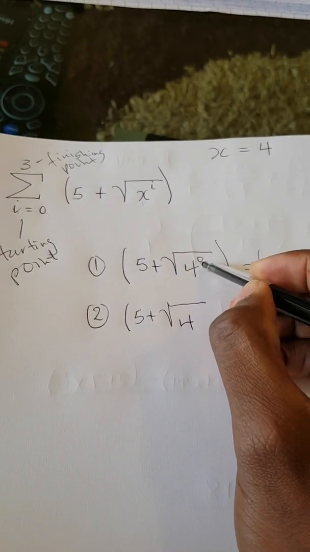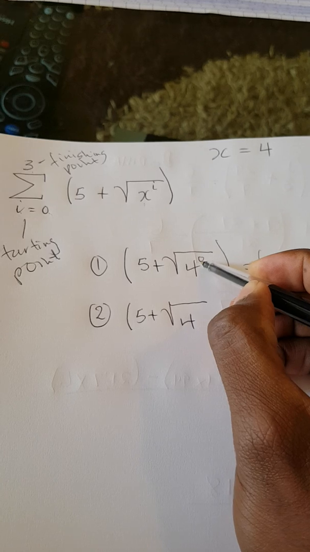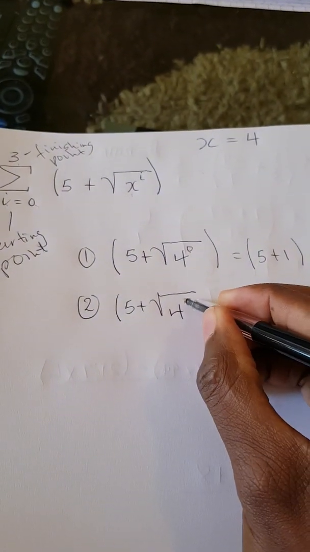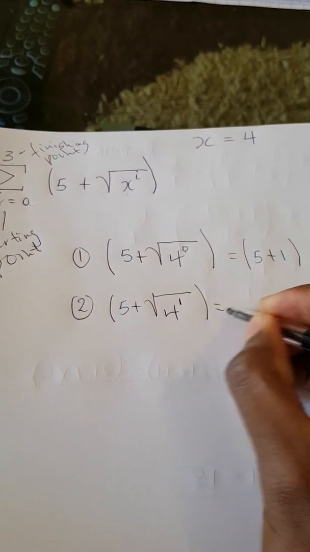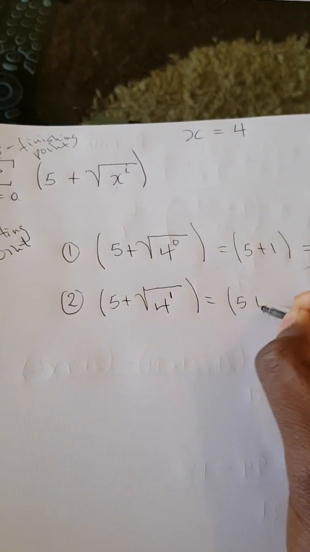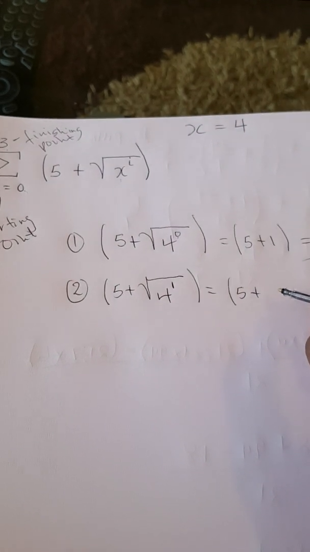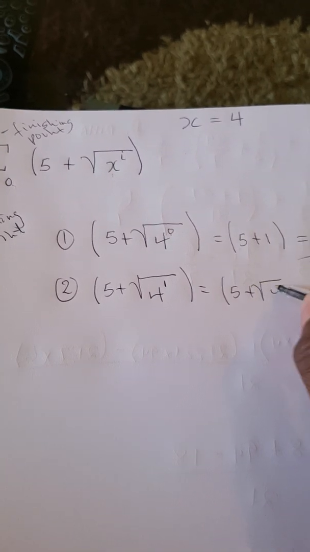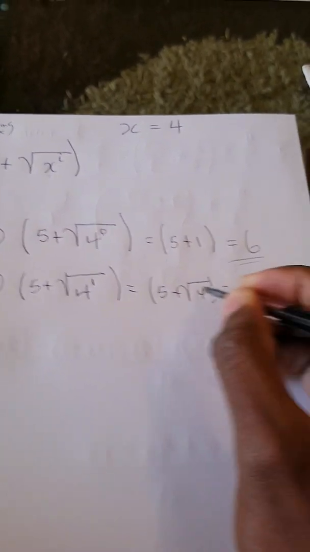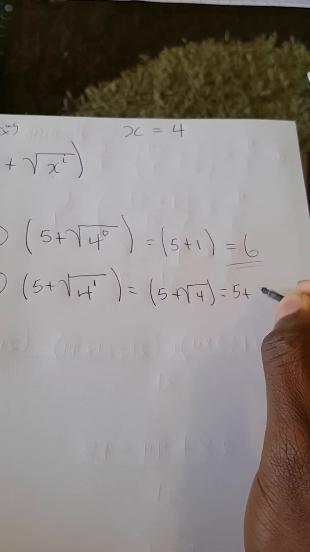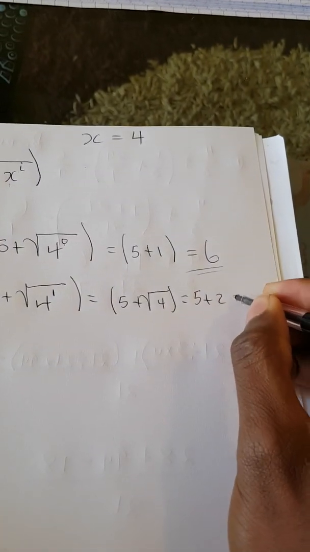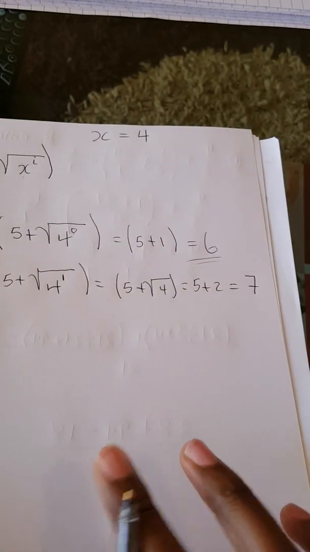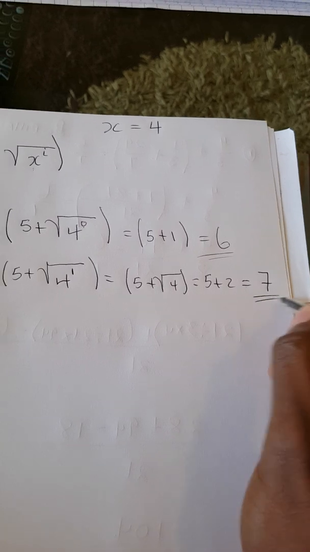Initially we did when i was equal to 0, and now we do when i is equal to 1. So 4 to the power of 1, close bracket, is equal to 5 plus... any number to the power of 1 is equal to that number, so it's square root of 4, which is equal to 5 plus 2, which is equal to 7. Remember, square root of 4 is 2. So this is what we get.